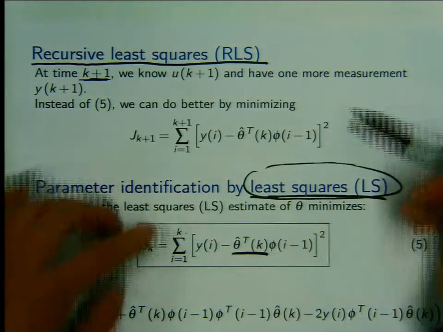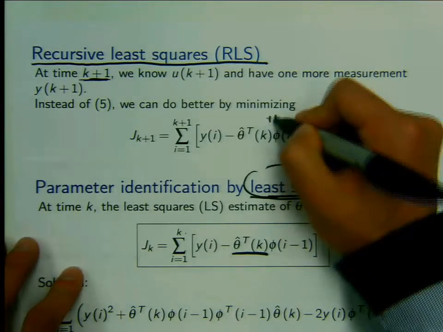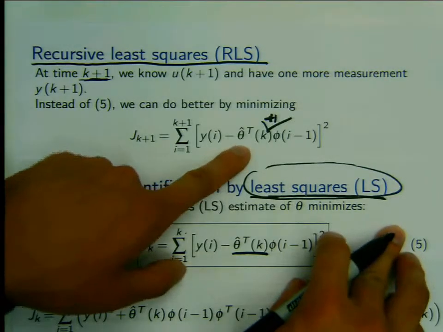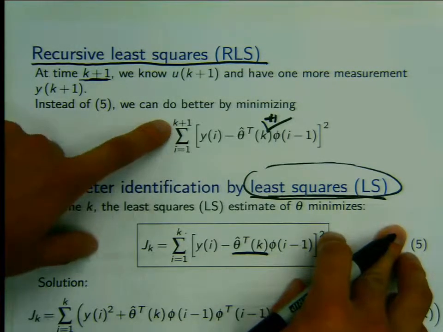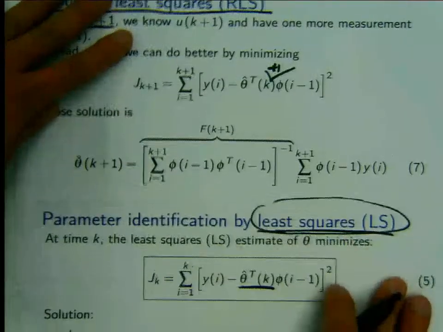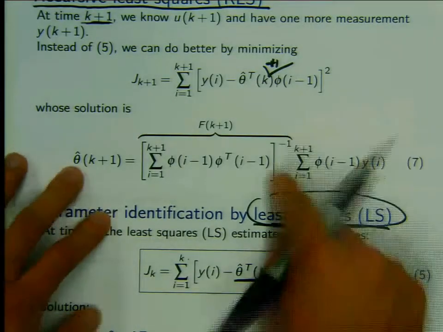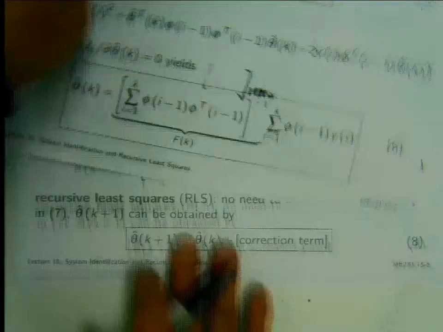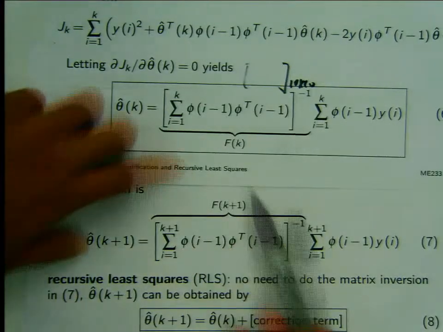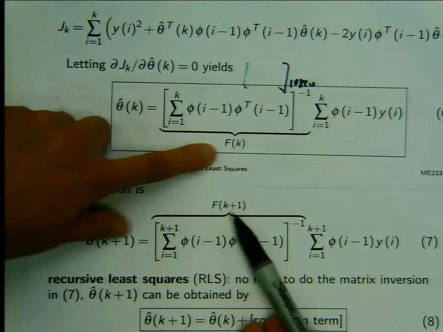Okay? I think I have a little typo here. This should be k plus 1. So you want to estimate the parameter theta based on all the information up to k plus 1. You can solve this least square problem exactly the same way and obtain exactly the same formula, but this time everything indexed by k is shifted to k plus 1.